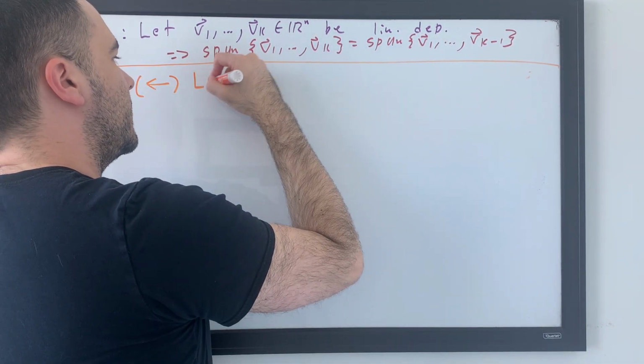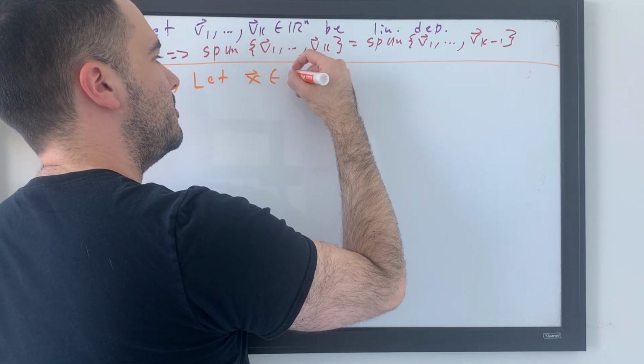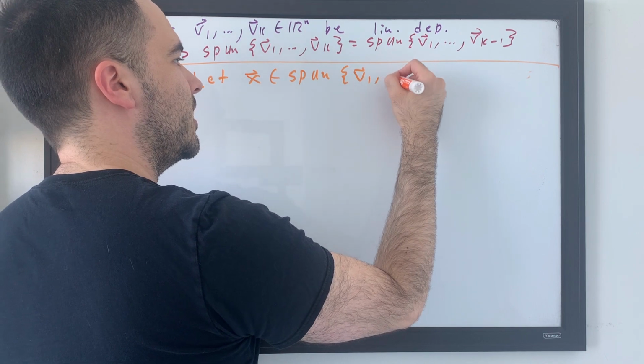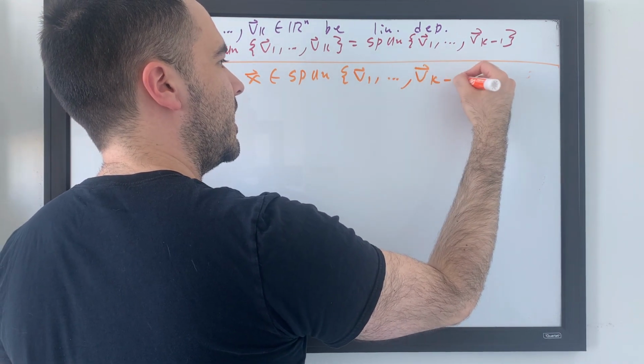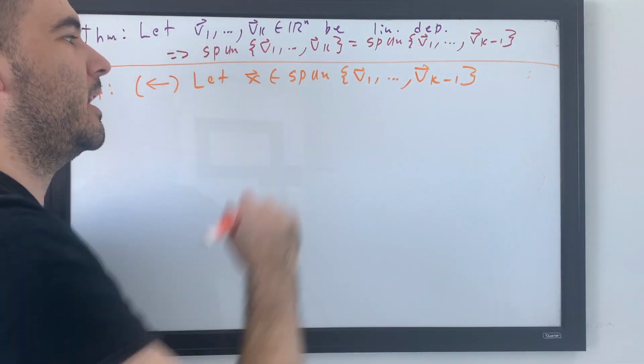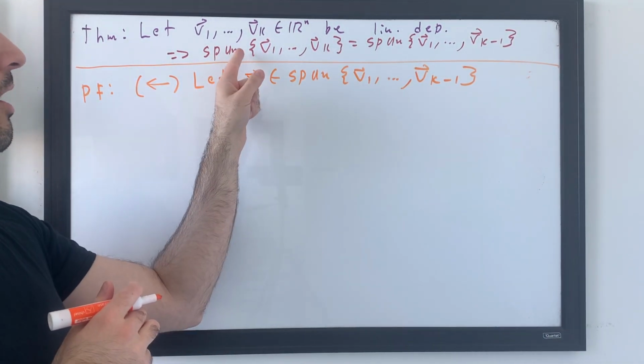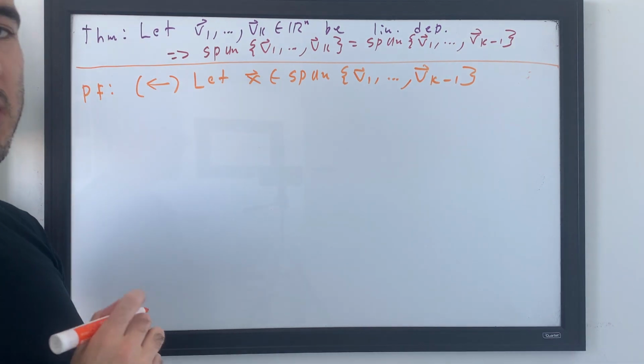So we say let x be an element of the span of v1 to vk minus 1. So we're going to assume the right-hand side of this by picking a particular vector that's in here. And then we need to show that x is also within the span of the full set.